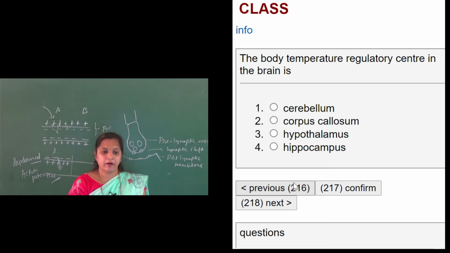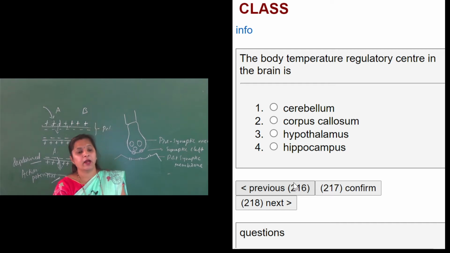The first option, cerebellum, is not a part of the forebrain; it is a part of the hindbrain. The corpus callosum is a part of the forebrain, a tract of nerve fibers which connects the two cerebral hemispheres. The hypothalamus contains the body temperature regulatory center. The hippocampus, with the amygdala, forms the limbic system.